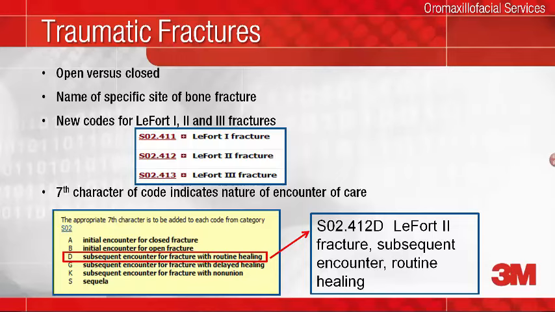For example, if you are seeing a patient in the office for follow-up of a Le Fort 2 fracture that is routinely healing, the 7th character of D would be added to the code. Your notes usually indicate the nature of the encounter, that is, initial, subsequent, or sequela, which will provide the information needed to select the correct 7th character.